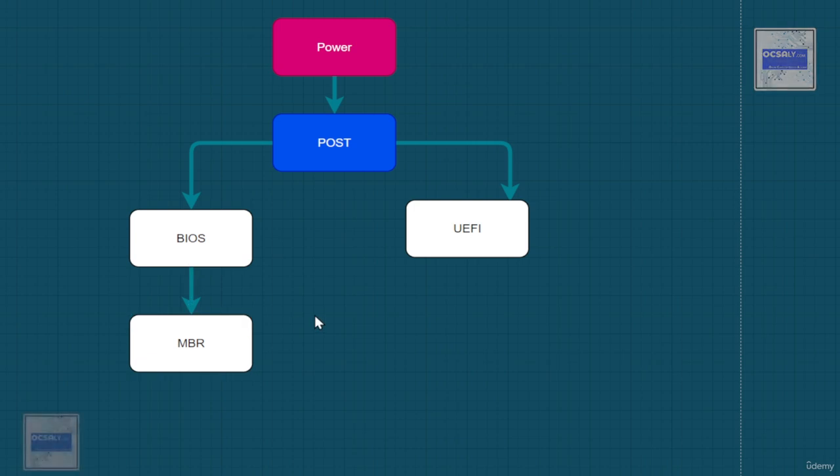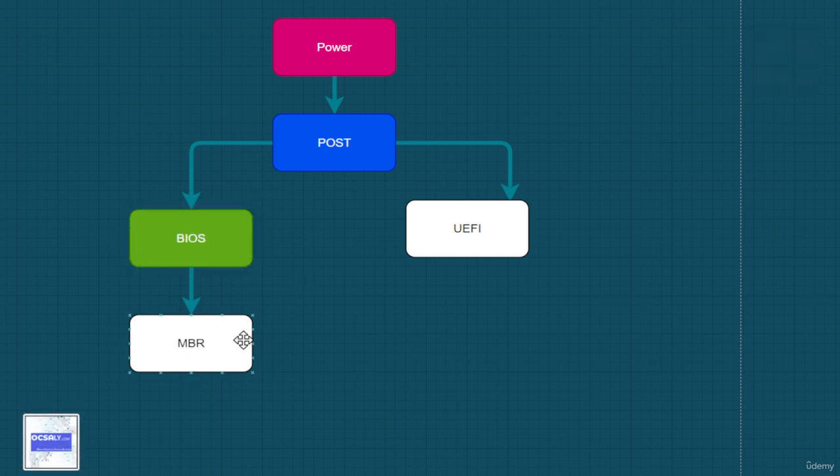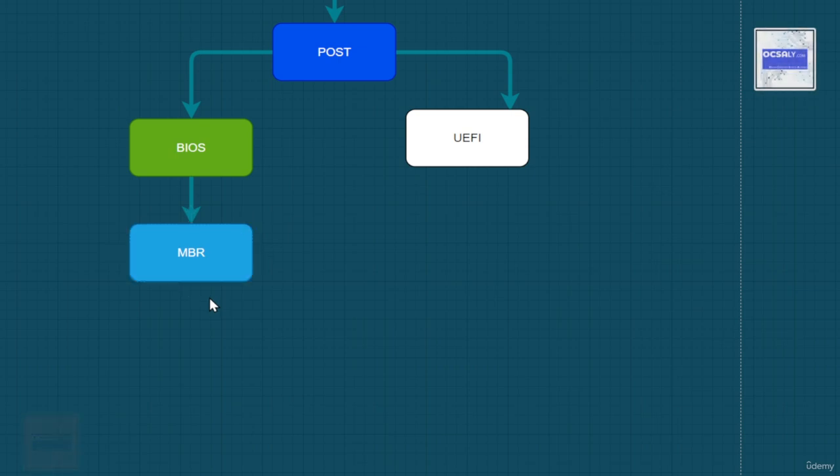MBR holds the information about partitions, and also the file system and the bootloader code for the installed operating system. Once the MBR is found and the bootloader has been activated, control is then passed over to the operating system to complete the boot process.